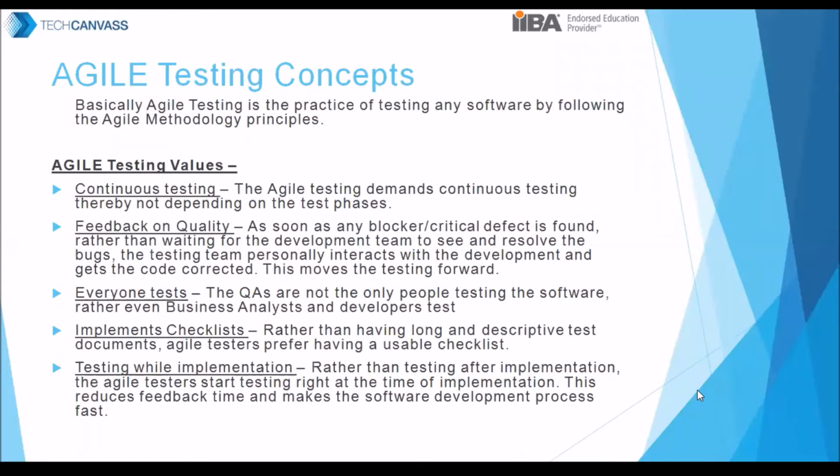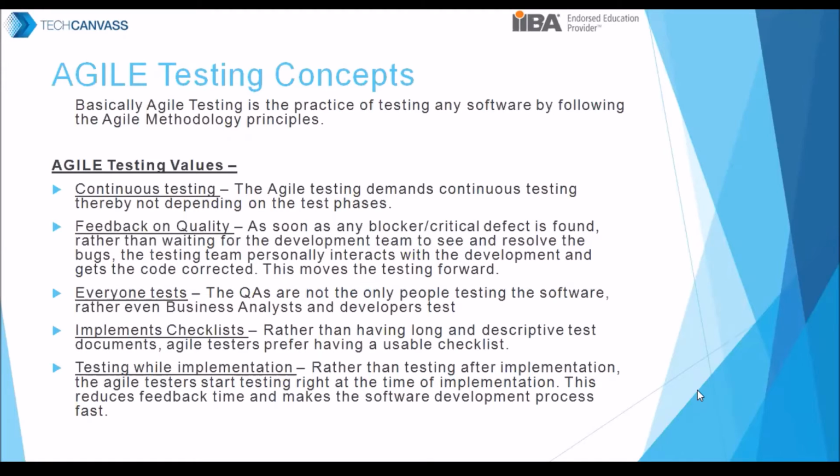The implementers may be the product management team or the development team. Okay, so this makes the process fast. We are not stuck in between. So here again, testing while implementation is of very much importance. Again, as we have seen in the third point, everyone tests.